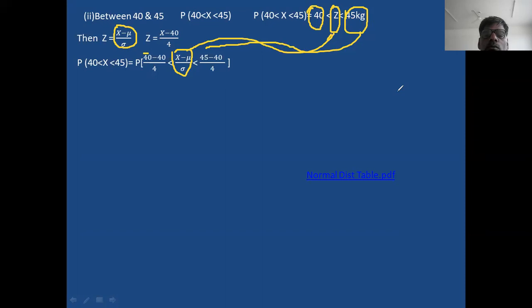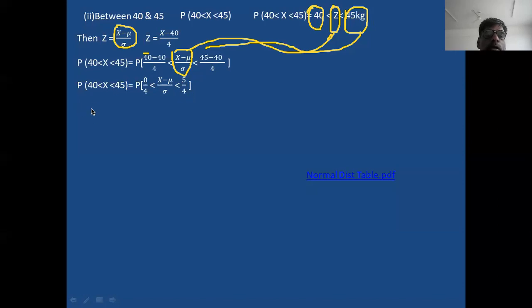So in the next step, probability of x greater than 40 and less than 45 is equal to probability of (40 minus 40) divided by 4 is smaller than (x minus mean) divided by standard deviation, is smaller than (45 minus 40) divided by 4. 45 minus 40 is equal to 5 divided by 4.